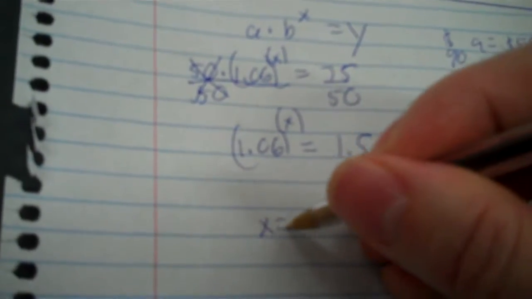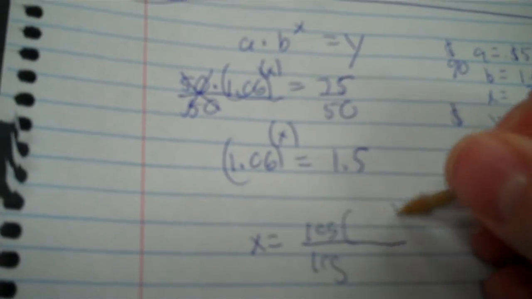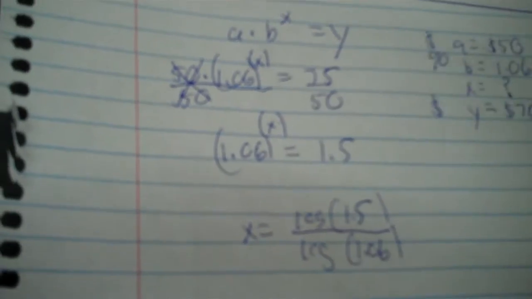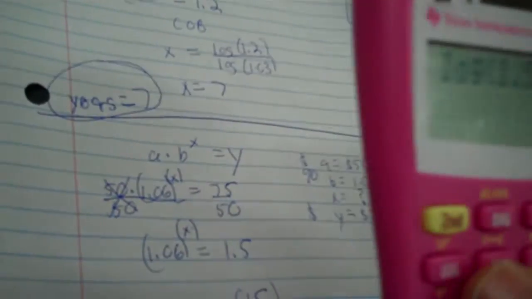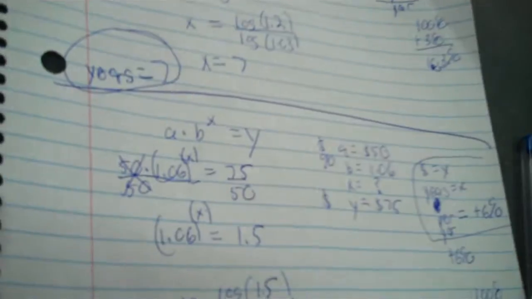Then X equals log over log. So 1.06 goes on the bottom. The base of the X has to go on the bottom, and then the product 1.5 goes on top. Then I take log 1.5 divided by log 1.06, and that's a 7 again. So the years equals 7 years.